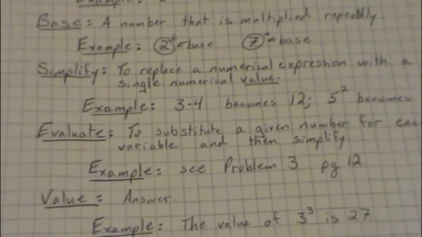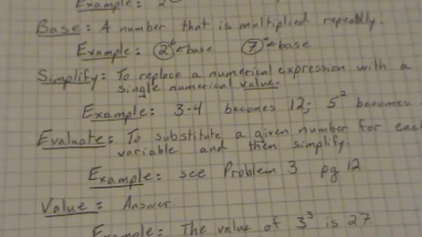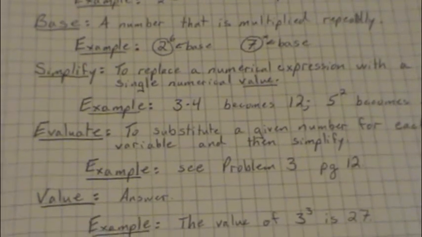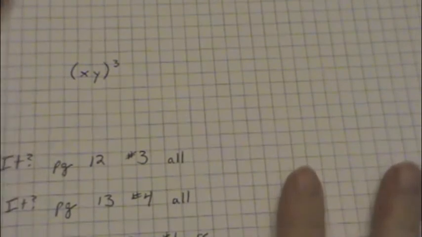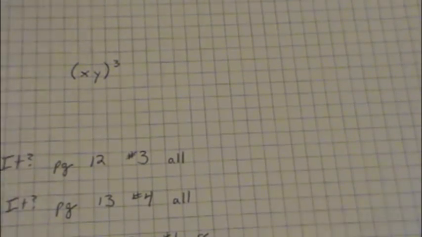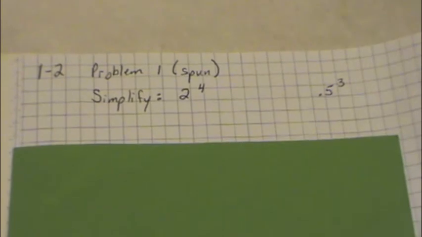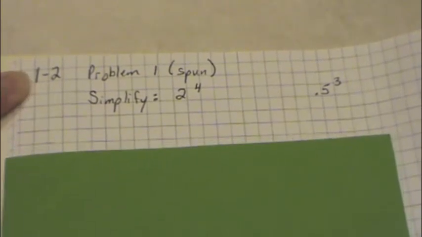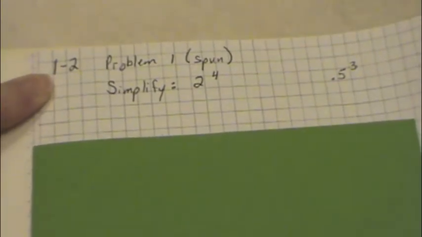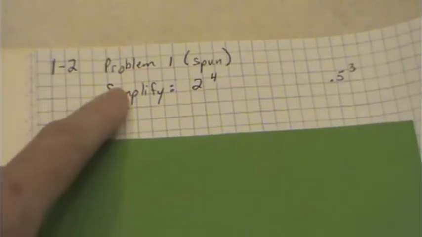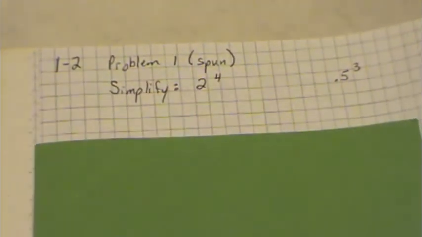All right. The first thing we have in the book today, I'm looking at page 10, is very straightforward, and I'm hoping it's all review for you. Let's get this over to the right spot. You'll notice I have repeated the number of the lesson, and I've labeled it problem 1, and then I've added the word spun.